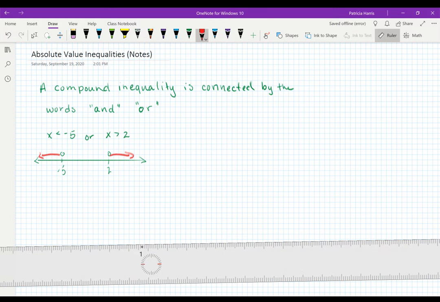This is what we call inequality notation. Then we have graphical notation. And then we have something called interval notation.